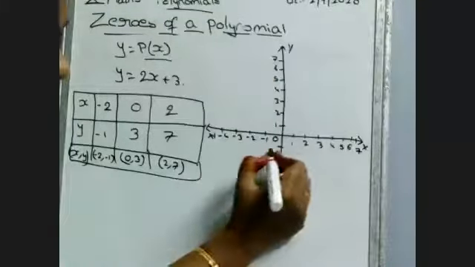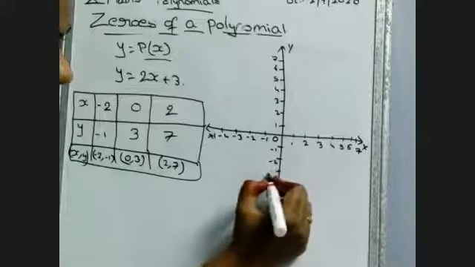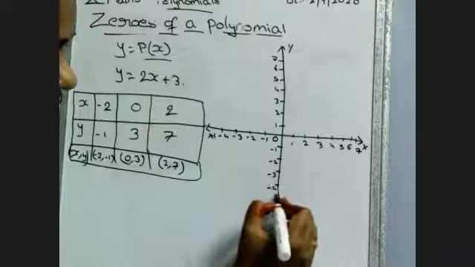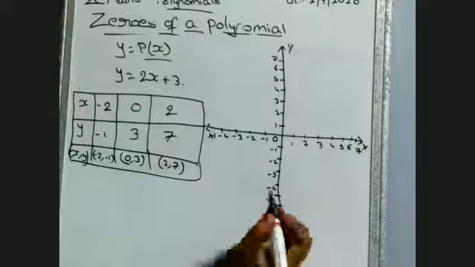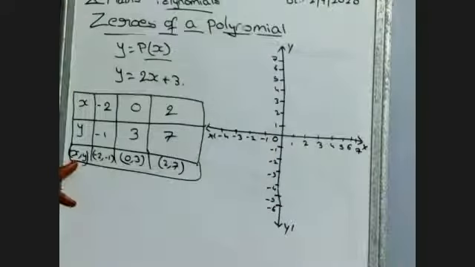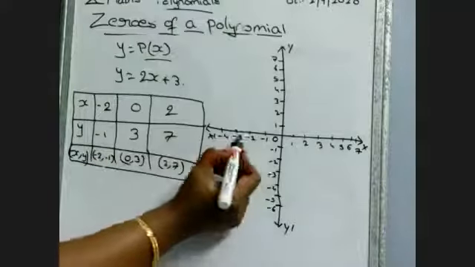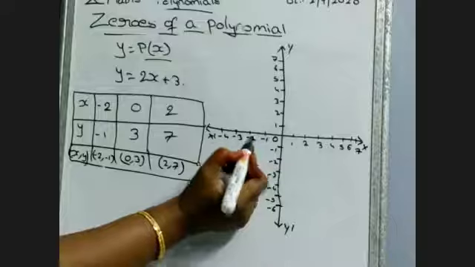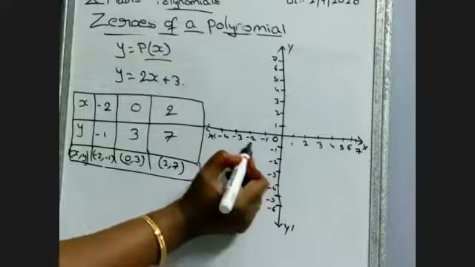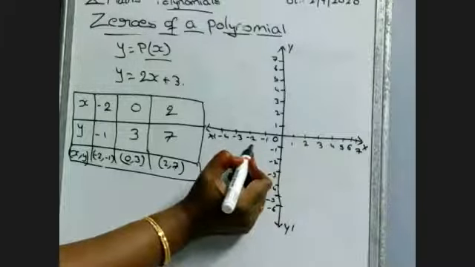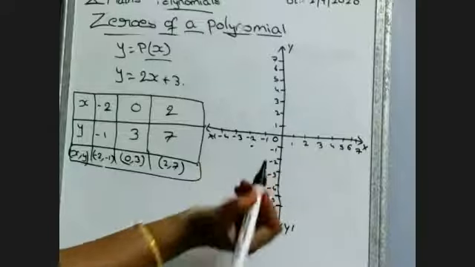Here minus numbers: -1, -2, -3, -4, -5, -6 you can take. So what is the x value here? -2, -1. Means x is -2 and y is -1. So the point will come here, and you can mark it as a dot.